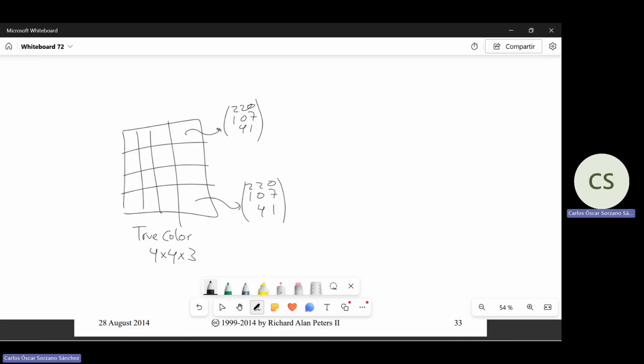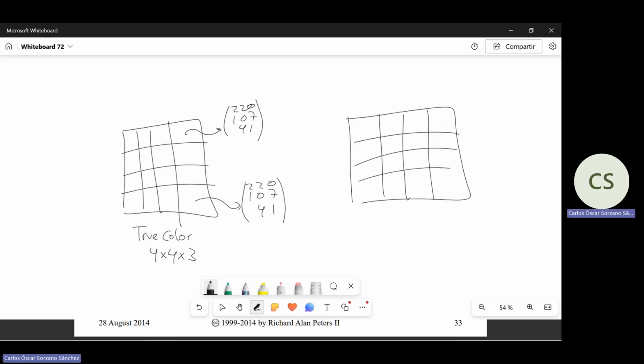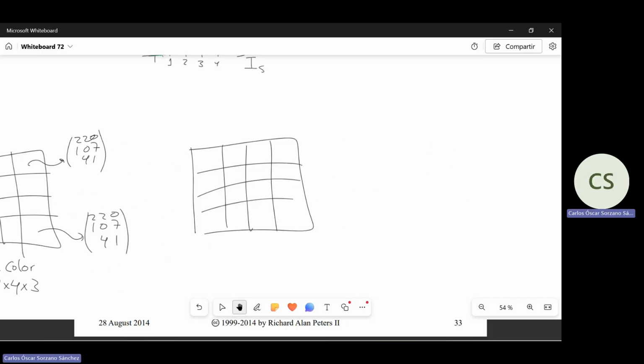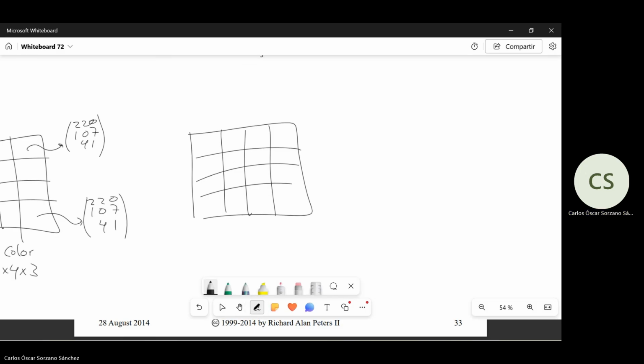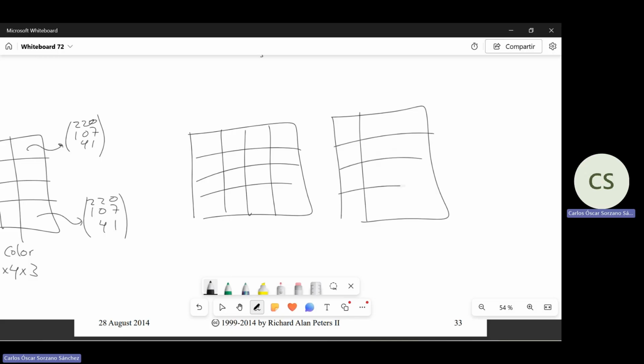Okay, then let's say that I go over all pixels and I discover I have only 4 values. I have only 4 values. How many numbers do I need? So I can construct a table, and say, okay, in this table, this is my index, and this is my color.